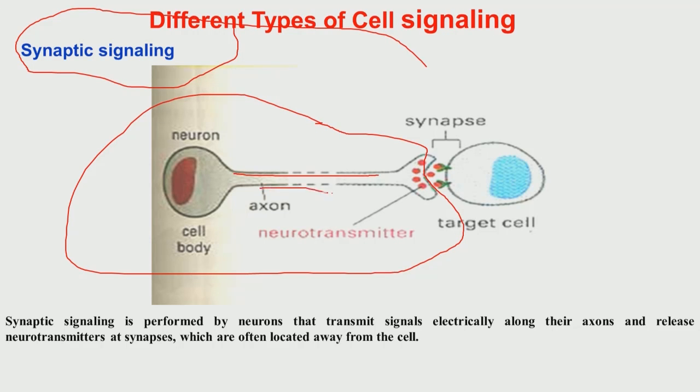You have an axon here, this is the cell body and nucleus, and you have a synapse, and you have a target cell T. Here again signaling molecules or neurotransmitters are transported towards the target cell, then the cell surface receptors of the target cell get hooked to the signaling molecules, and as a result certain downstream signaling processes get activated, and that will influence the way this target cell would otherwise function.